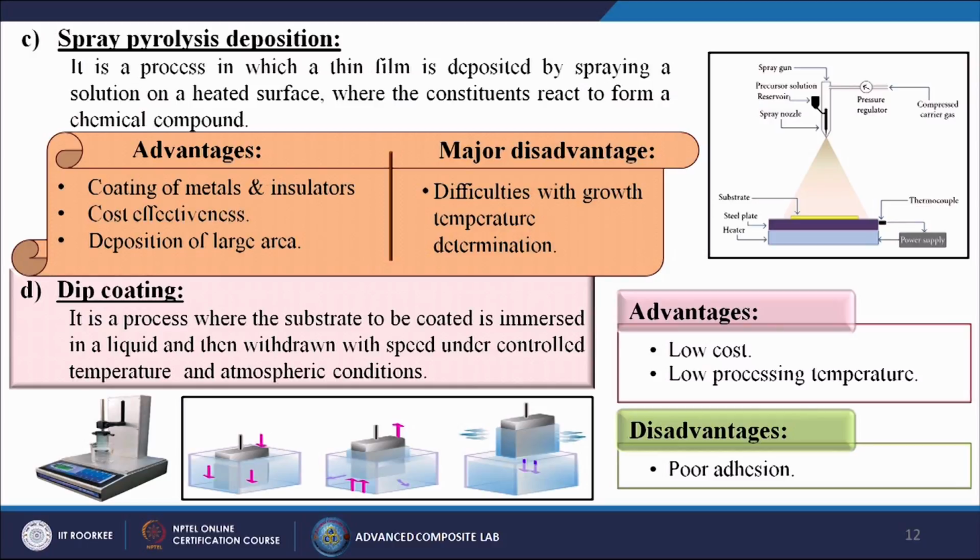From this figure you can understand that we have a spray gun. A carrier gas comes in directly, and we can regulate its pressure. Then we have a reservoir holding the material we are going to coat.